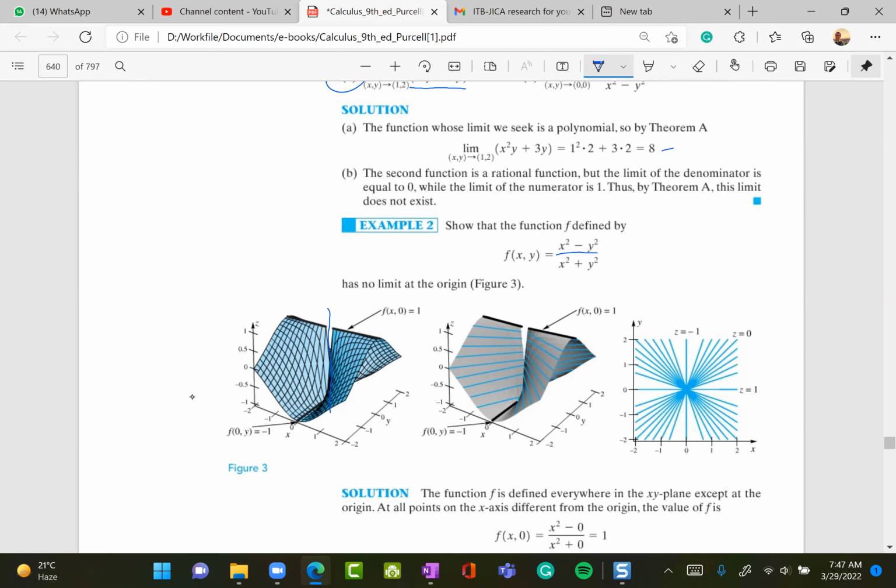And at 0, 0, you get an indeterminate form, 0 over 0. However, you don't have a L'Hopital rule for two-variable limits, so there's nothing to simplify this one.